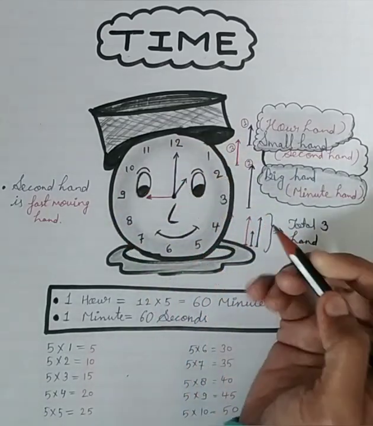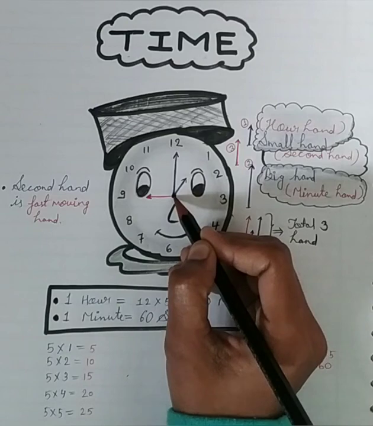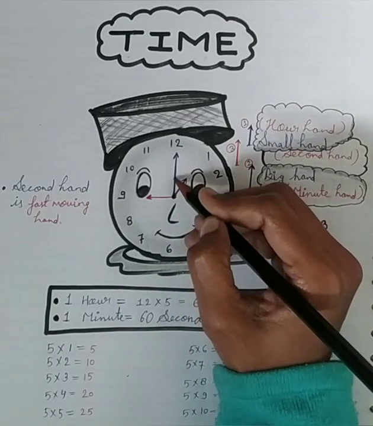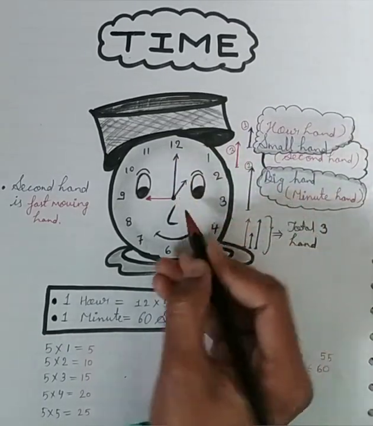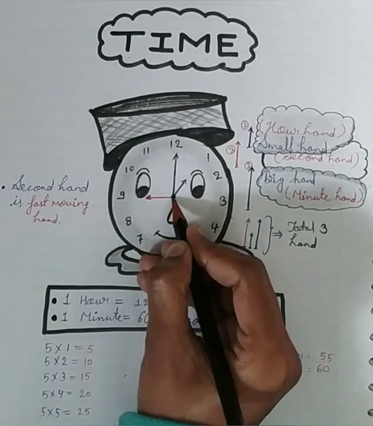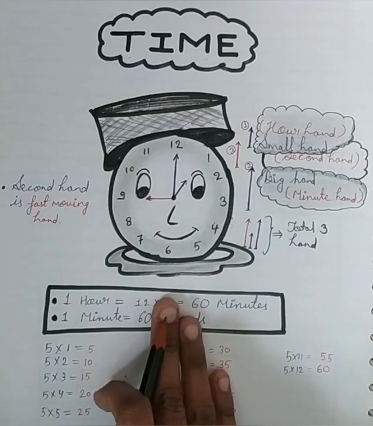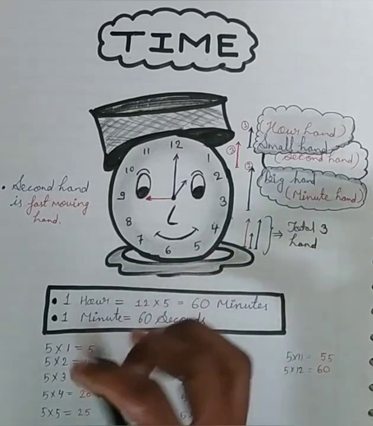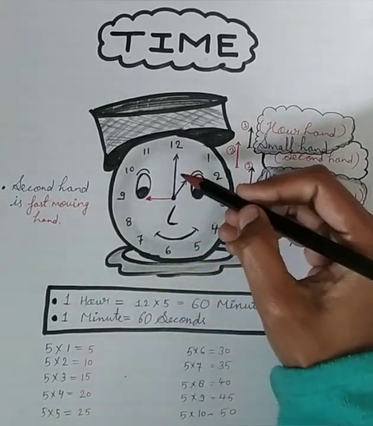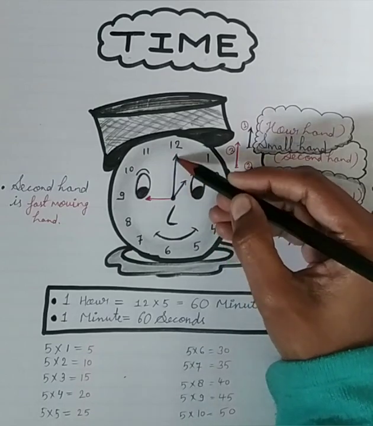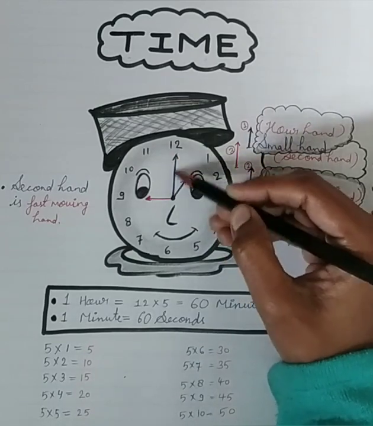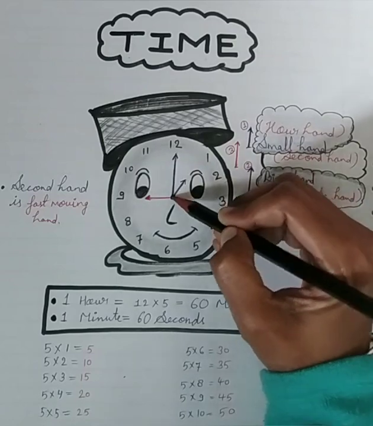Okay, and you can see this watch has 3 hands. 1, 2 and 3. What are these? These are the 3 hands of the watch. Every watch has 3 hands. As you can see, this is a long or big hand. This is a long or big hand.